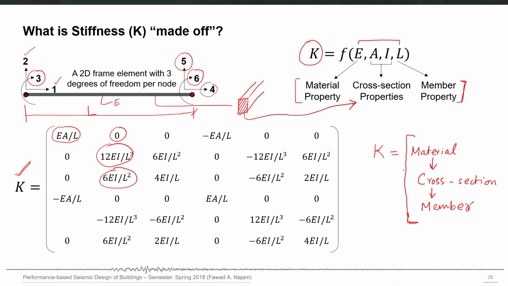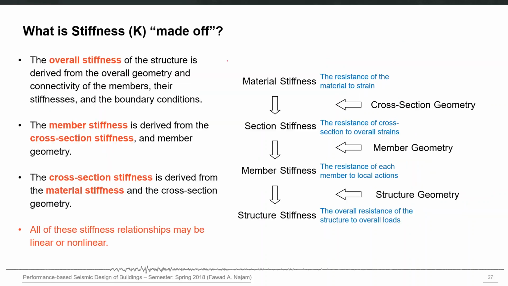So please keep remembering this idea that the K matrix of any element is a function of material properties, cross-section properties and member properties. So now we can answer this question: what is the stiffness matrix K made of? It is made of material property, cross-section property and member property.